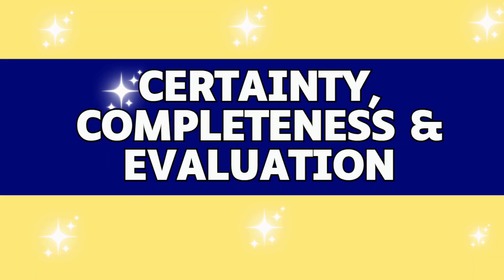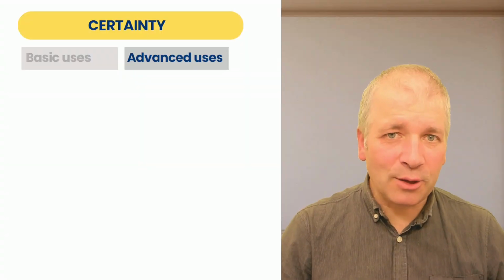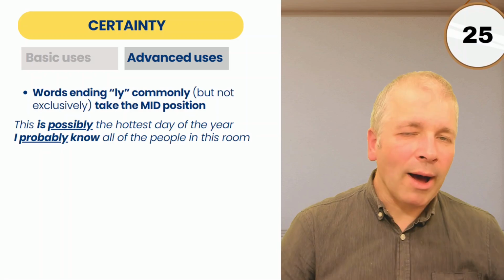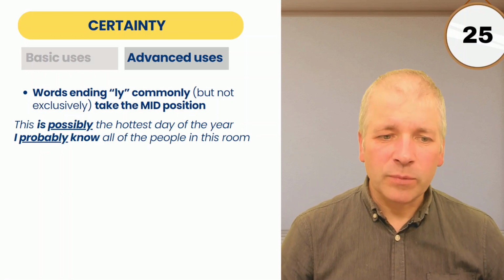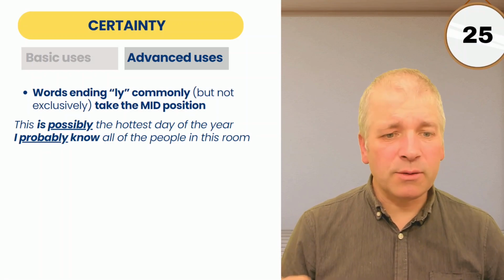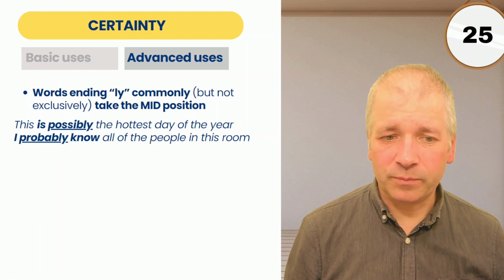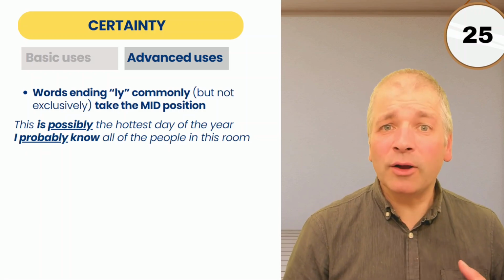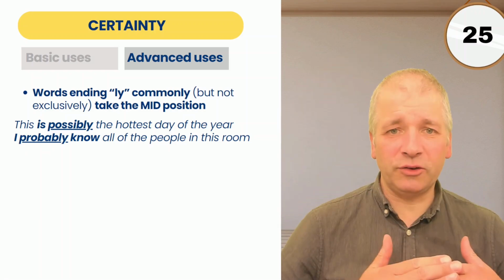Adverbs of certainty, completeness, and evaluation. First, let's look at certainty. Words ending ly to do with certainty commonly, but not exclusively, take the mid position. So words like possibly and probably relate to certainty, the level of certainty.